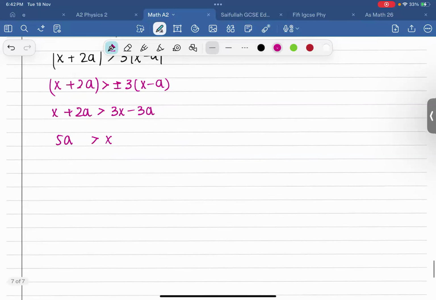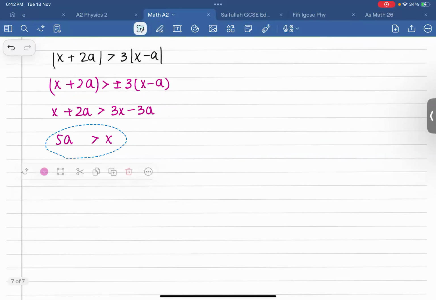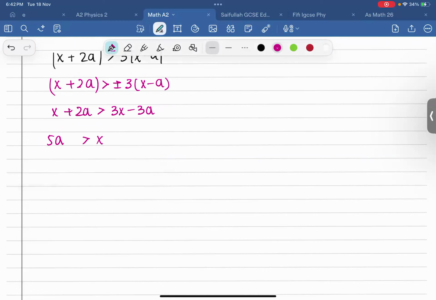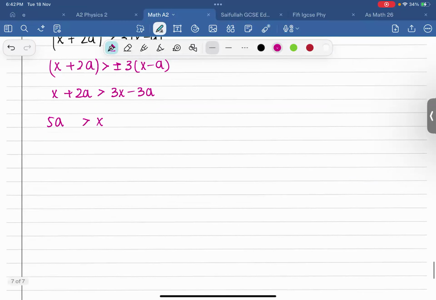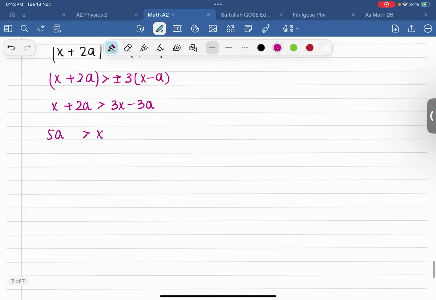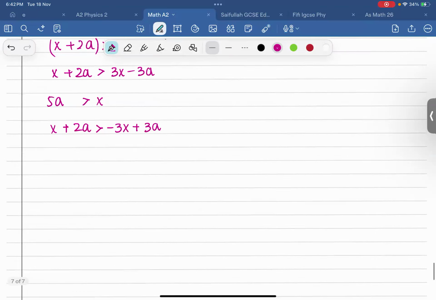And the second answer is going to be x plus 2a is greater than -3x plus 3a, right?